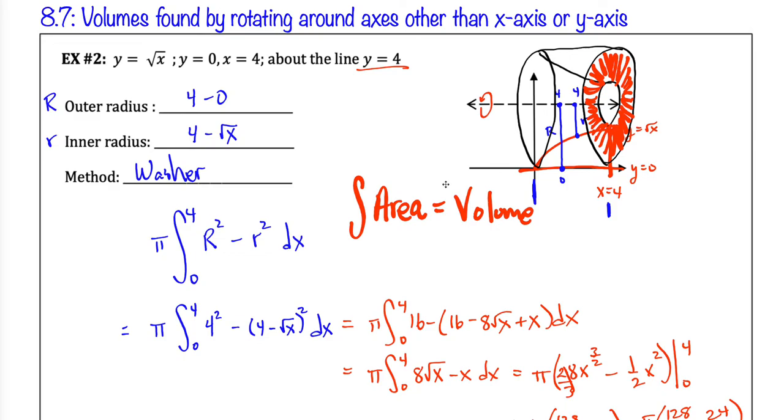Anytime you find a volume by rotating and revolving, it's automatically a circle. The only time it's not a circle is the questions we had in 8.4 and 8.5, where you had a two-dimensional base and were told that shapes were coming out perpendicular. But you'll be told what it is instead. Anytime you use the word revolve or rotate, it's a circle.